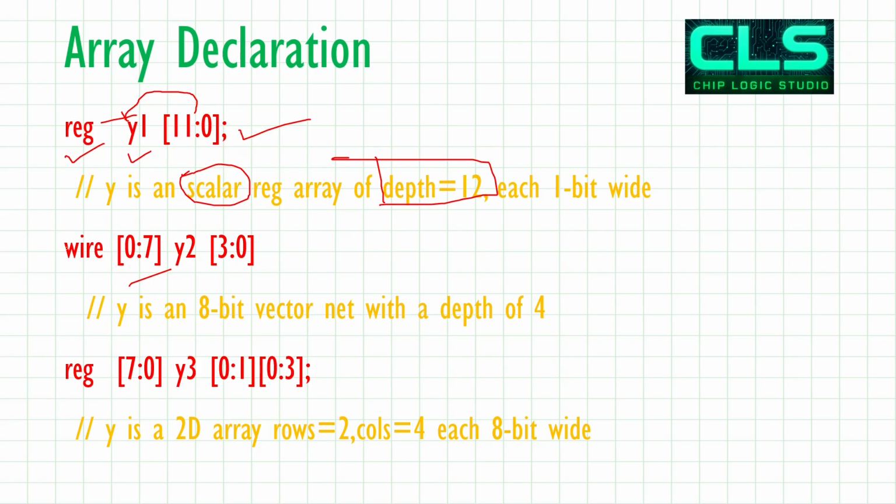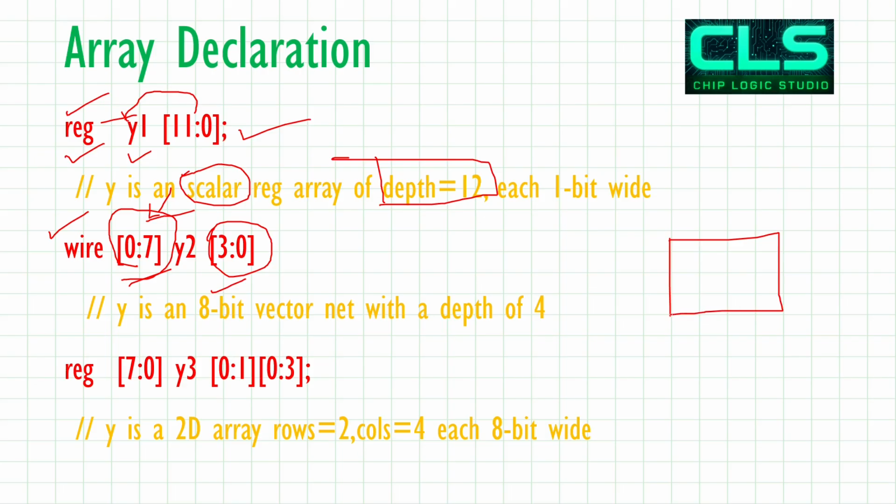Now, second, this is our variable data type, and this is our net data type. So you can also create with both of them. Here the 8-bit is the vector, which means we will store in this, and this is our depth.